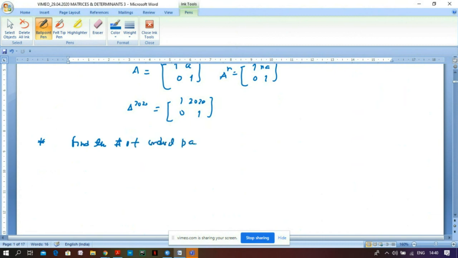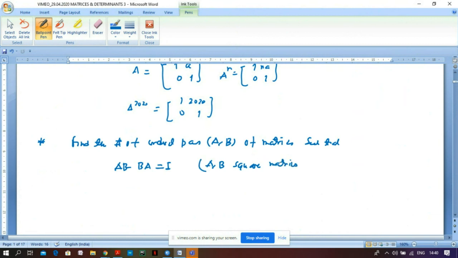Find the number of ordered pairs A, B. You know what an ordered pair is, of matrices such that AB minus BA equals I, and A and B as usual are given to be square matrices for things to be defined. So you can take n by n or anything. Now same order, of course, they will be. So find the number of ordered pairs of matrices A, B such that AB minus BA equals I.